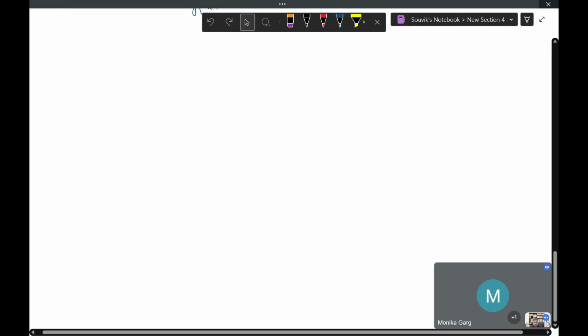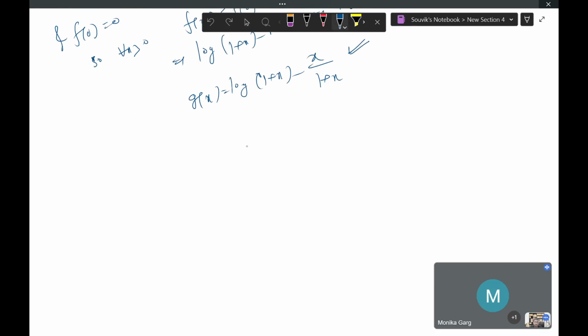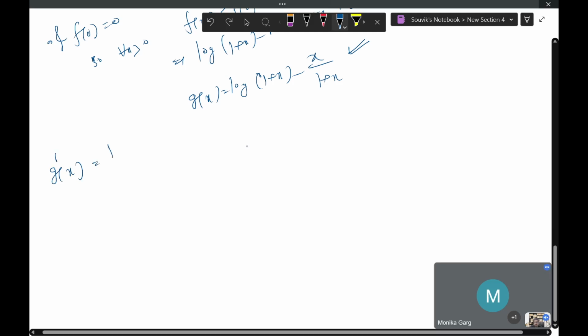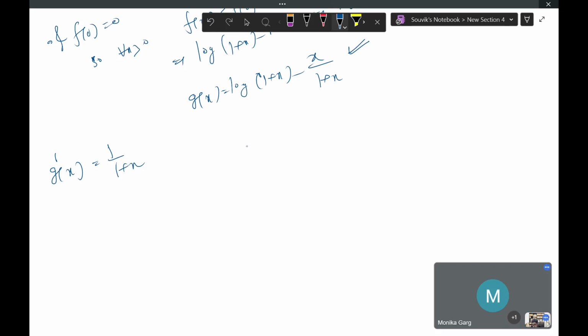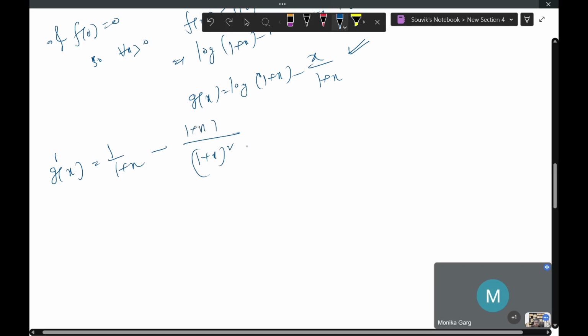So g of x is greater than g of 0, and g dash x is equal to 1 by 1 plus x minus 1 by 1 plus x whole squared, which is x by 1 plus x whole squared, greater than 0 when x is greater than 0. So yeah, it's proved: log of 1 plus x is greater than x upon 1 plus x.